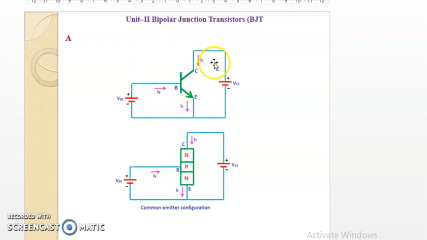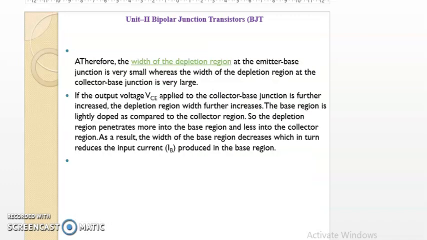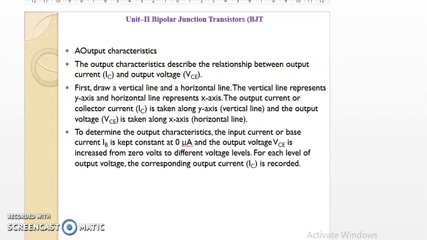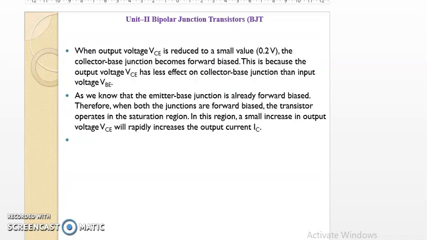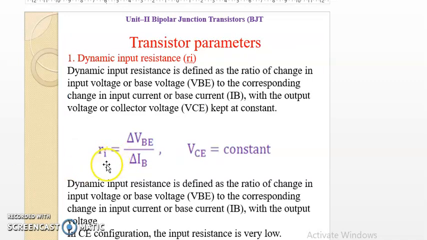Depending upon these values, in the next lecture we are going to discuss the various parameters of a transistor, like gain of a transistor, voltage gain, current gain, input resistance, dynamic input resistance, and dynamic output resistance.